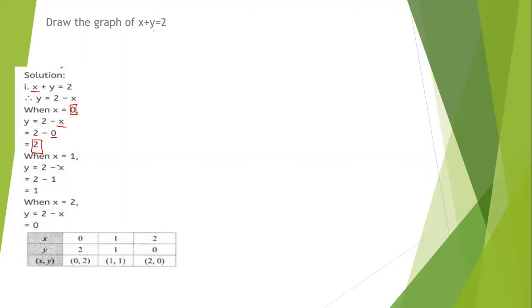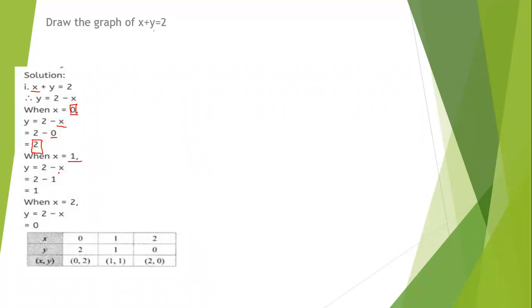Now, again, we will assume the value for x and it is assumed as 1 over here. So when x is equal to 1, what will be the value of y? Let us do it. Y is equal to 2 minus x. Then this equal to we will copy as it is. 2 also as it is. Minus also as it is.